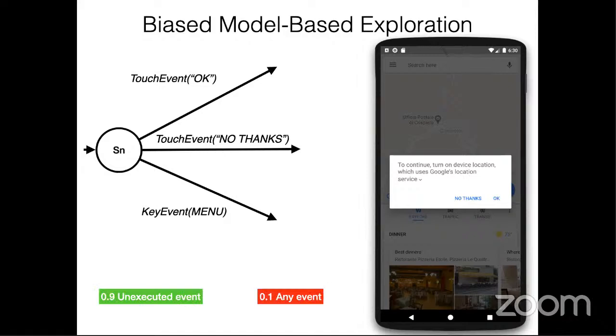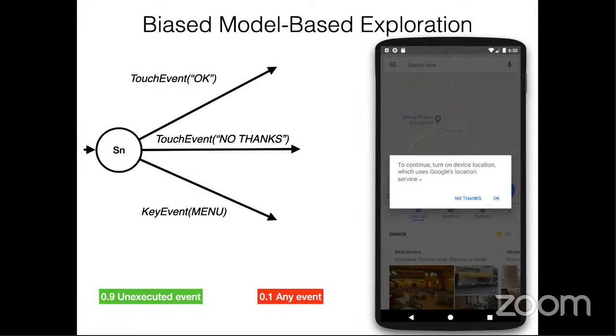For example, assume that epsilon is equal to 0.1: DLD will choose an action not yet executed with probability 0.9, and any action enabled in the current state with probability 0.1.